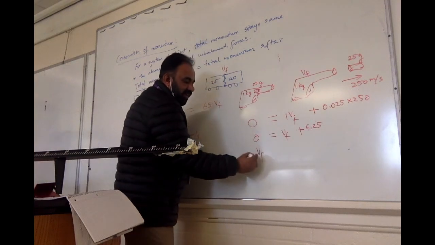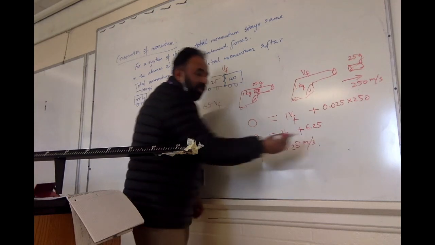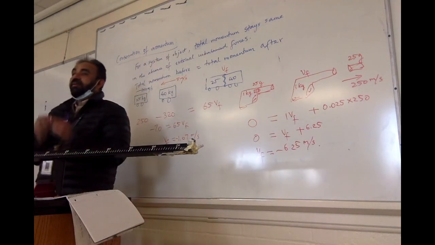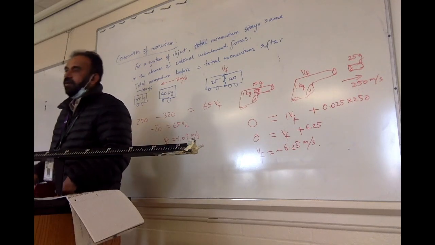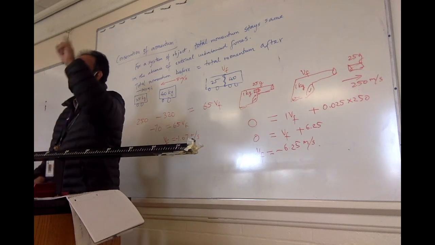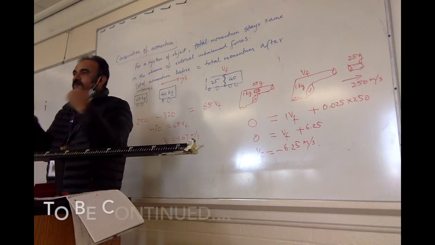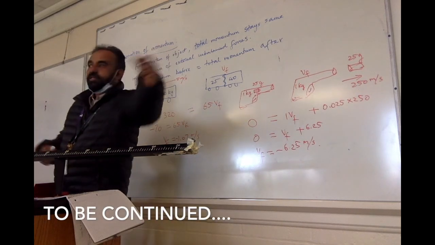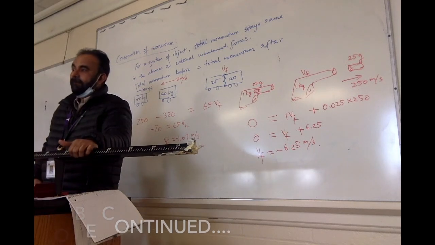So VF comes out to be negative 6.25 meters per second. What does a minus sign indicate? That the gun moves backward. What do you call it? Recoil of the gun. So why does the gun recoil backward? Because of conservation of momentum. In order to conserve momentum, when the bullet gains a positive momentum, the gun has to get a negative momentum. Is that clear? Yes, sir.